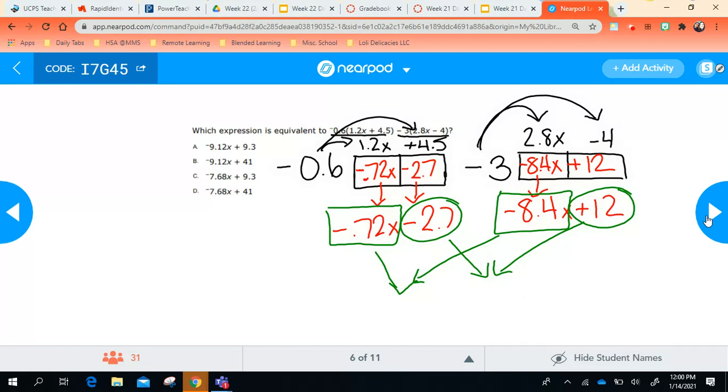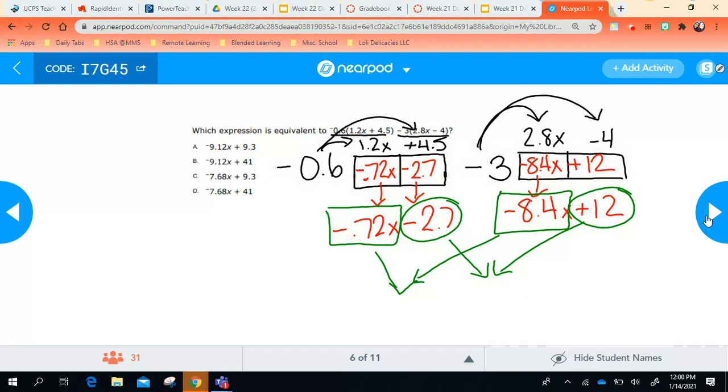Just make sure you don't forget your x. Otherwise we get the wrong answer. So yes, now you can combine your two x's, so you can calculate negative 0.72x minus 8.4x.